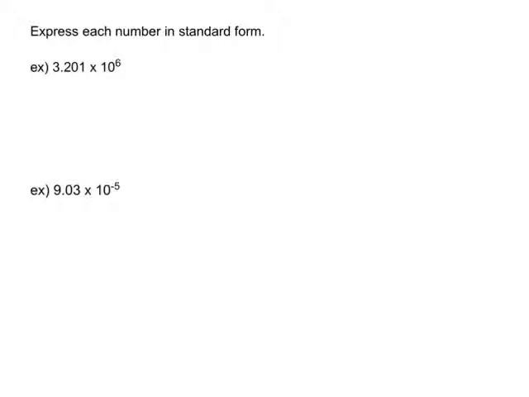So I'm going to rewrite the number 3.201, and I need to move this decimal place over 6 places. So I have 1, 2, 3, 4, 5, 6. So my decimal place ends here, and then I have all these empty spaces. And those empty spaces just tell me that I'm going to fill those all in with zeros.